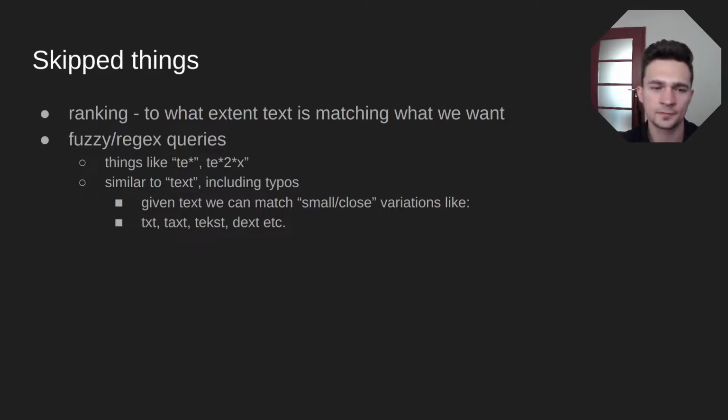And we also can support fuzzy queries. So these are queries that include typos. For example, we would query for text and we would get small variations of the text, and there is a technique to define that. But for example, text would be matched with these examples. So you have a slight difference in this word, but it would still match.